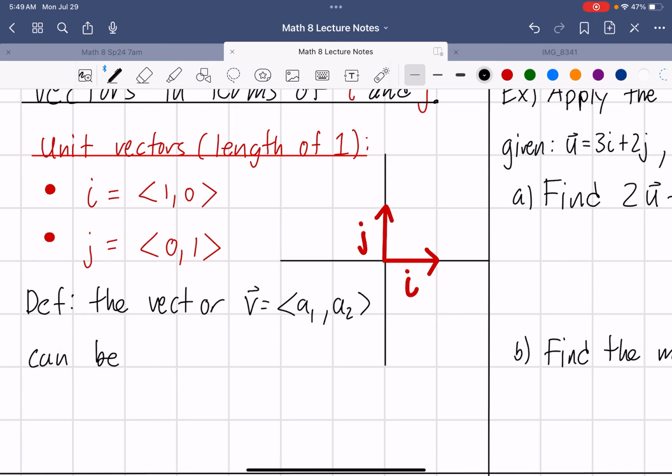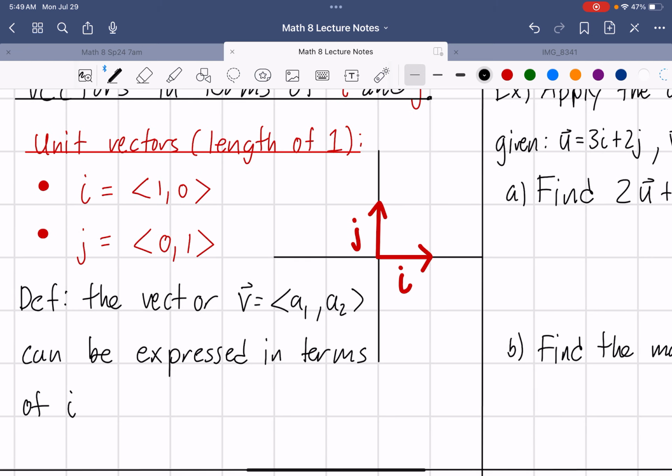Can be expressed in terms of i and j by, and this is what it's going to look like. So vector v can now be represented as a sub 1 i plus a sub 2 j.